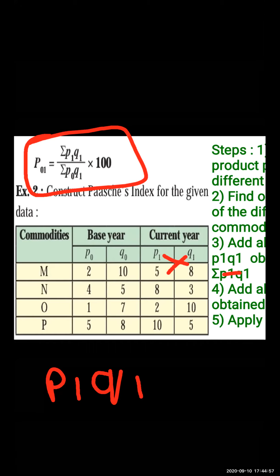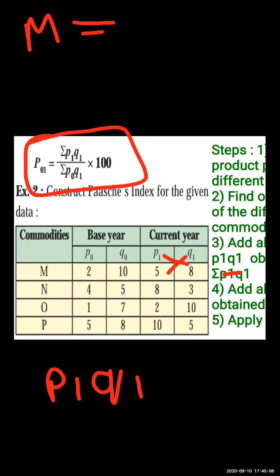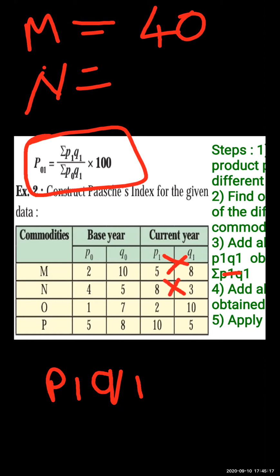You have written. Now for commodity M, what will be the product of P1 Q1? 5 8s are, yes, good, 40. For N, 8 3s are, yes, good, 24.